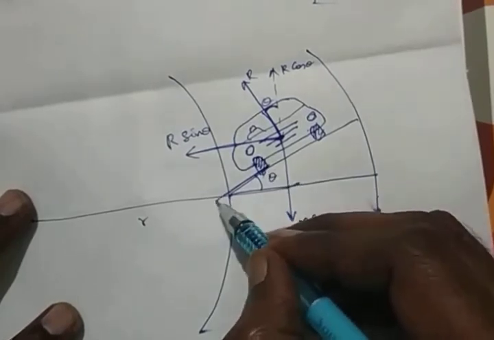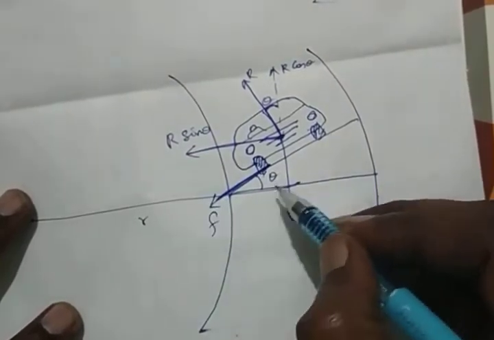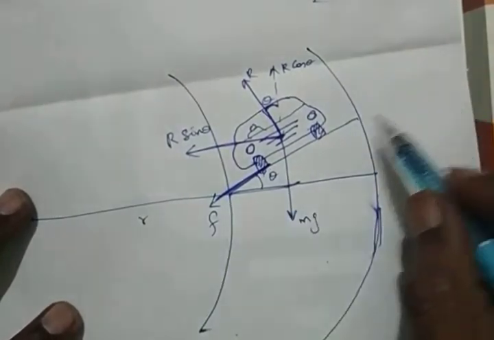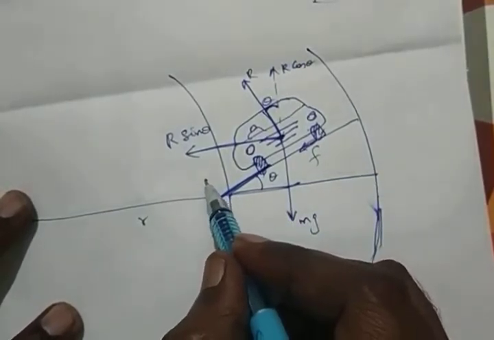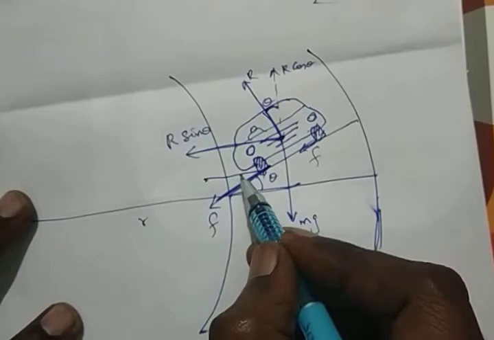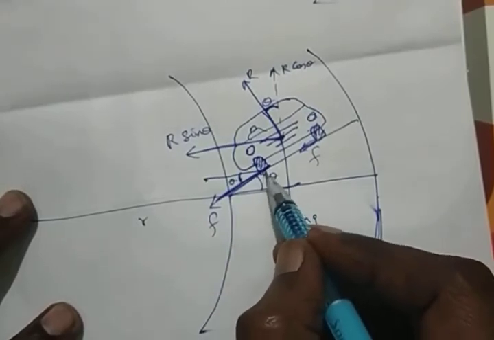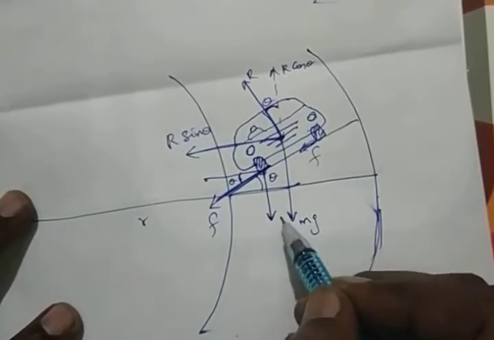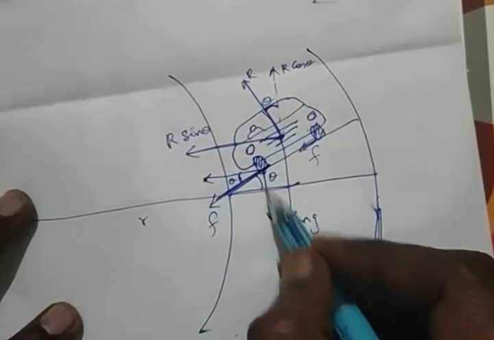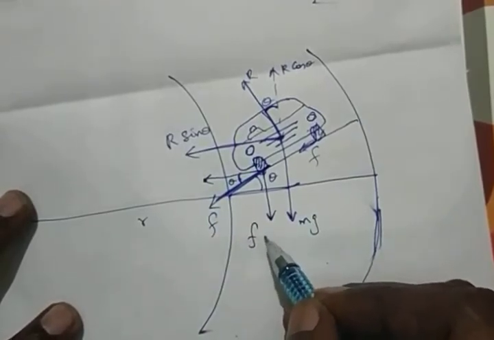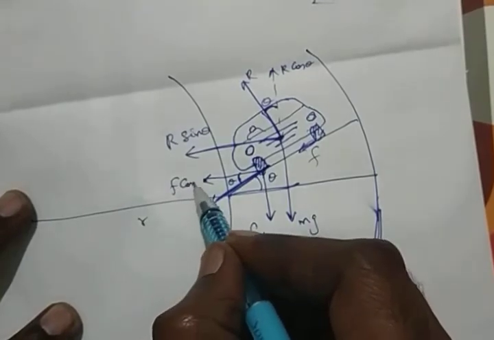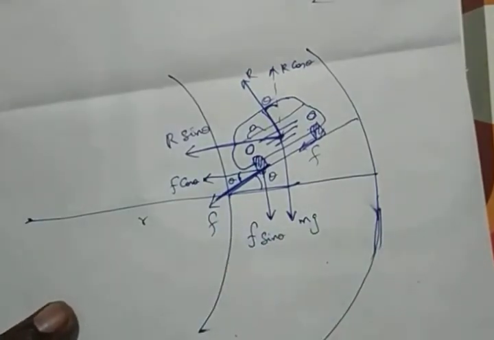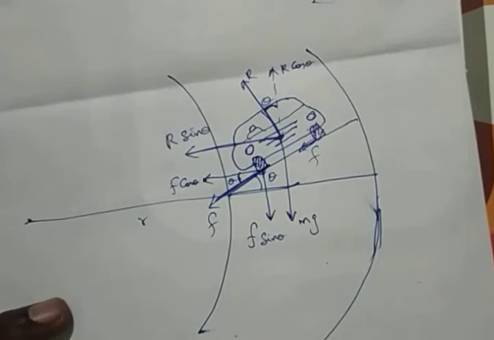Frictional force will be acting like this so that it will not slip away. This frictional force also can be resolved into two components, because this will be theta here and again a downward component will be there. So this value is F sin theta, and this is going to be F cos theta. Hope it's clear now, right?